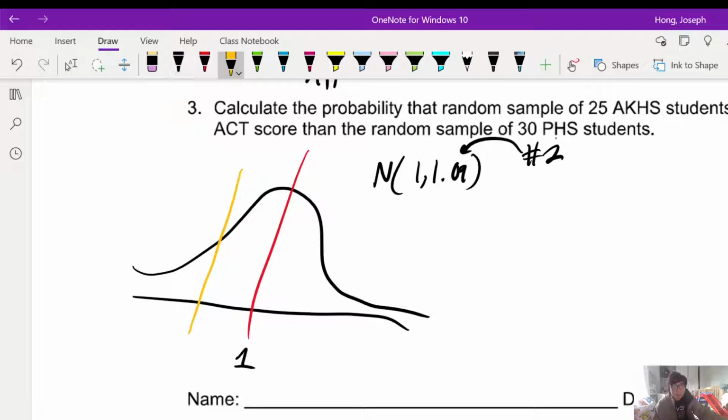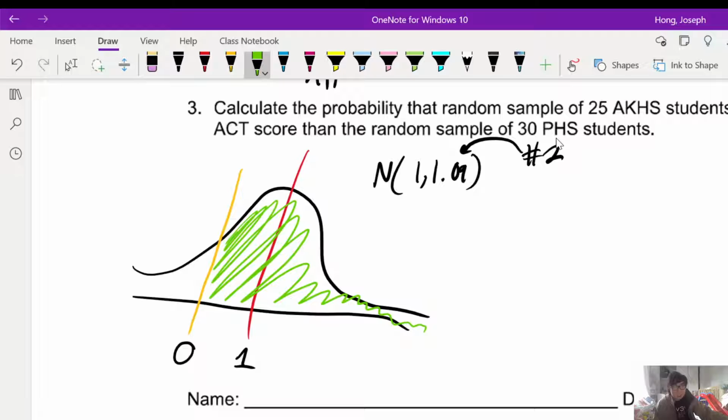So we're doing AKHS minus PHS. If my sample was a negative number, then of course AKHS would be scoring lower than the PHS people. So this has to be 0 right here, and we're going to try to find the area of all of this.